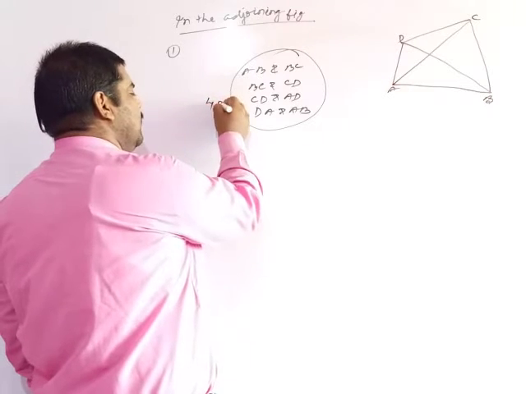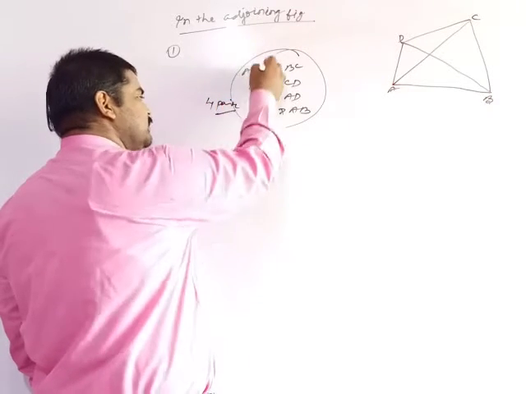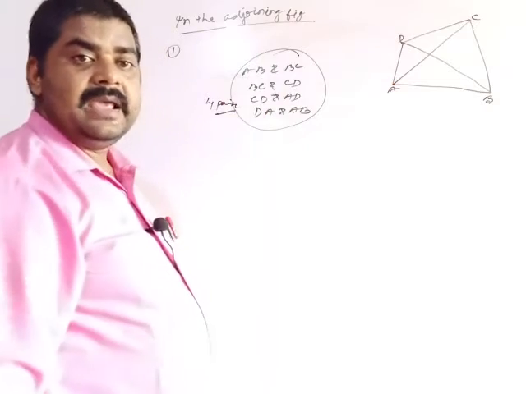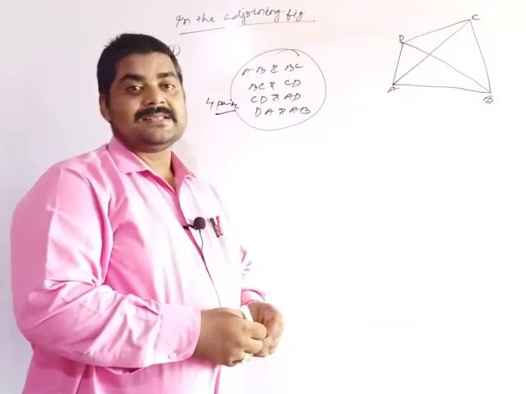Actually four pairs of adjacent sides are possible, and these are their names.